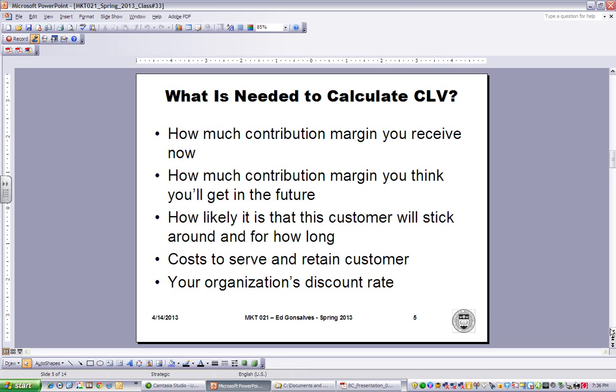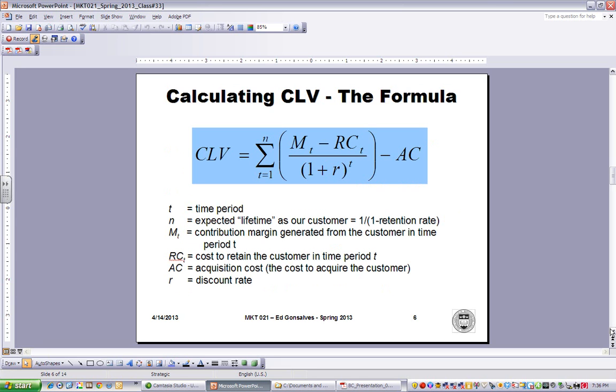Once you've acquired them, what does it cost to keep them as a customer? That's important to know. And you also have to look at your organization's discount rate. That varies depending on what's going on. Sometimes it's in line with the discount rate, sometimes it isn't, depending on your organization.